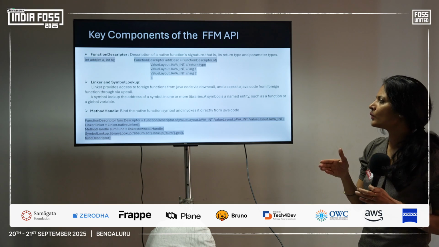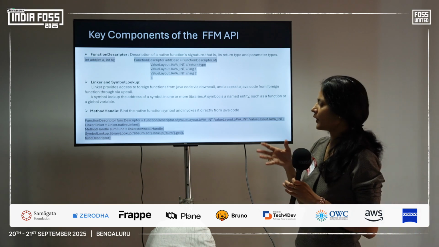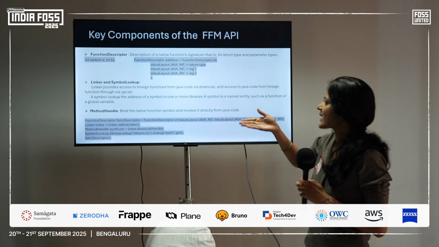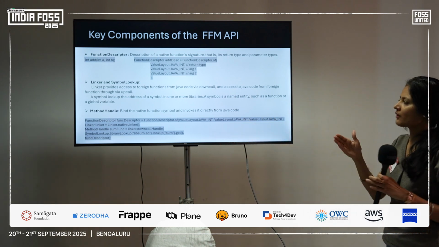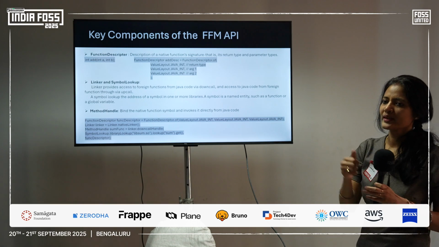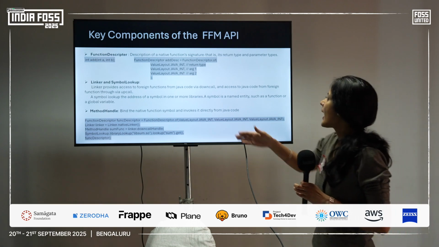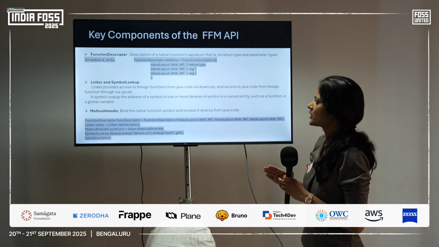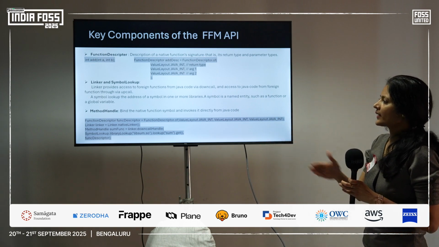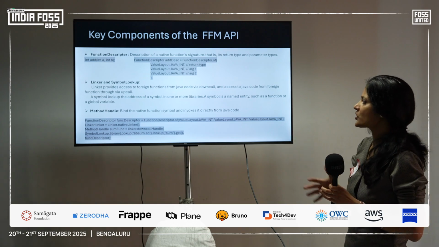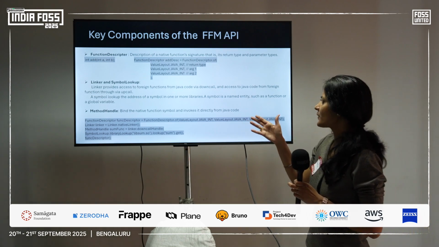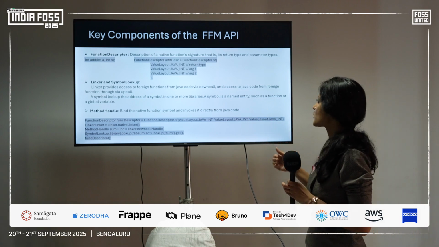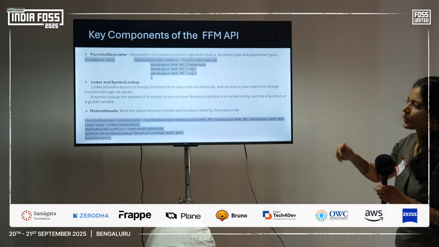The linker provides access to the foreign function from the Java code via downcall. There is something called downcall and upcall here, and then access to Java code from the foreign function through upcall. And then there is something called symbol lookup, which actually looks up the address of the symbol in one or more libraries, those DSO libraries, and symbols are actually the name of the function or the global variable.